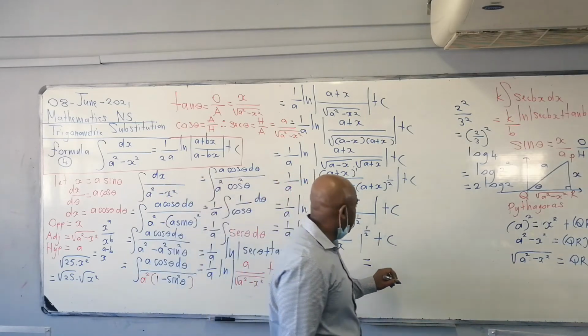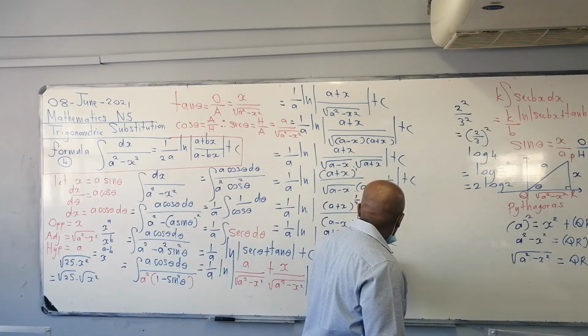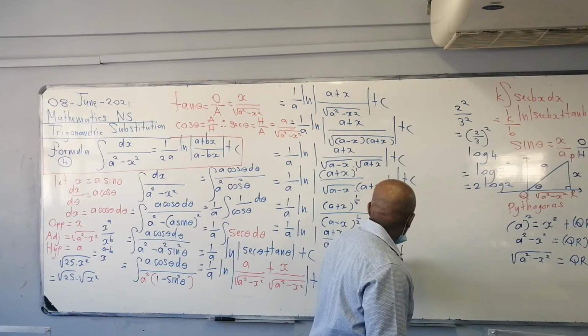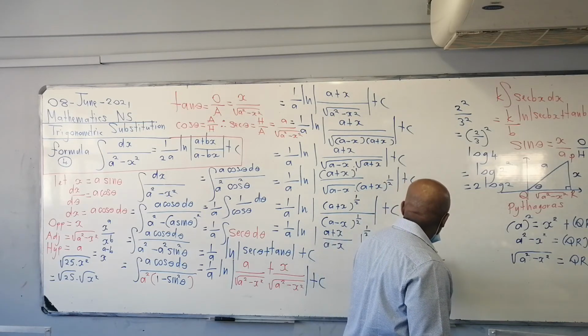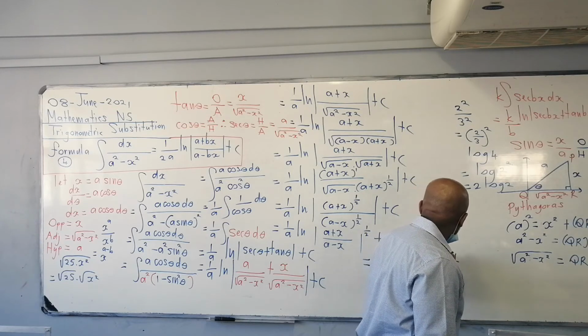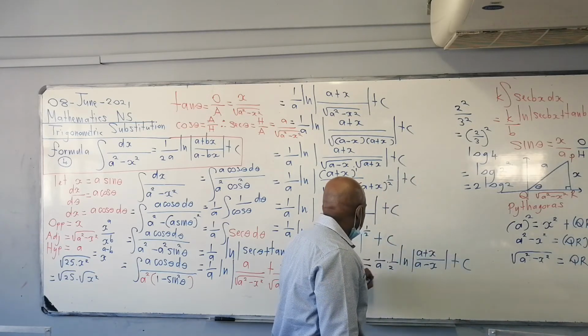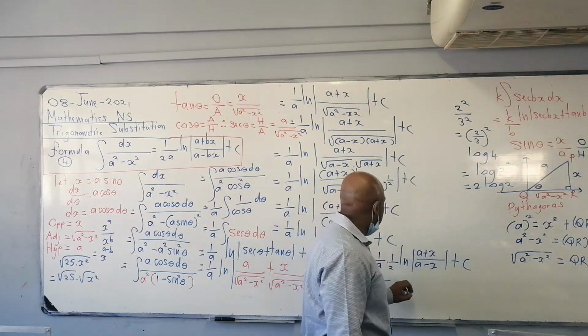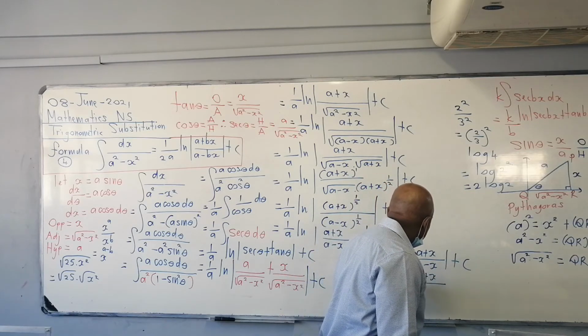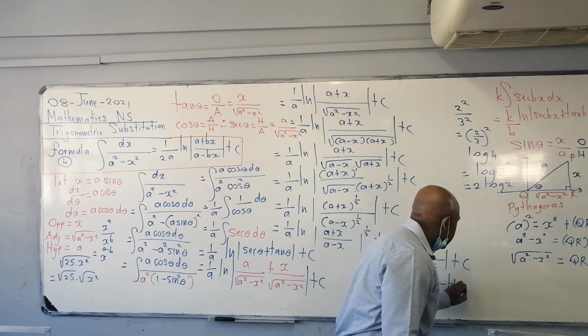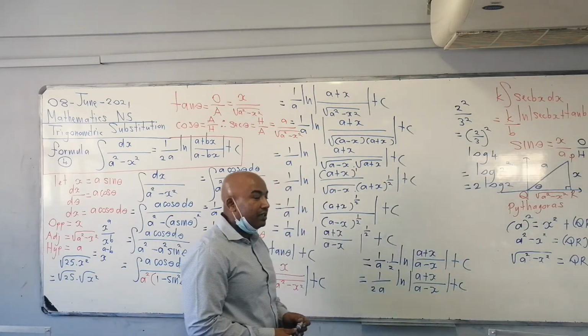That's exactly what I'm going to do now. So it becomes 1 over a times 1 over half ln of a plus x divided by a minus x plus c, and that becomes 1 over 2a ln a plus x divided by a minus x, and that is how we get the formula.